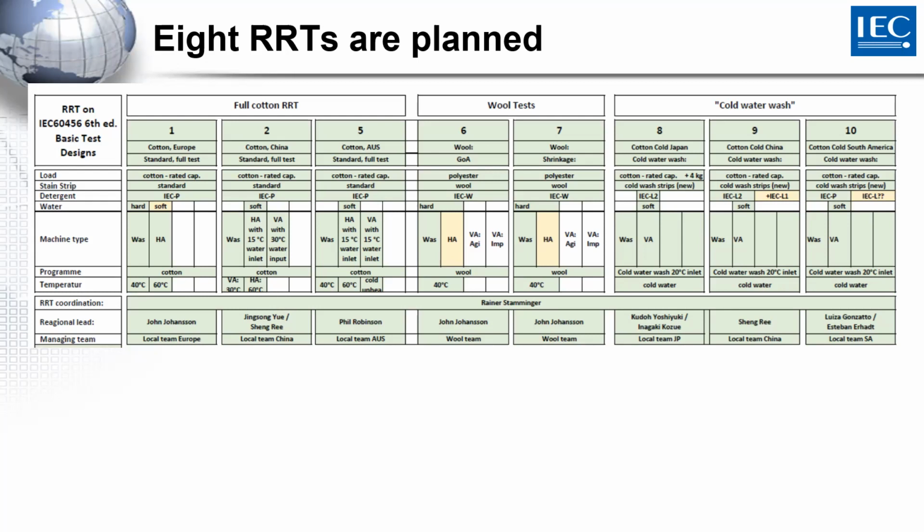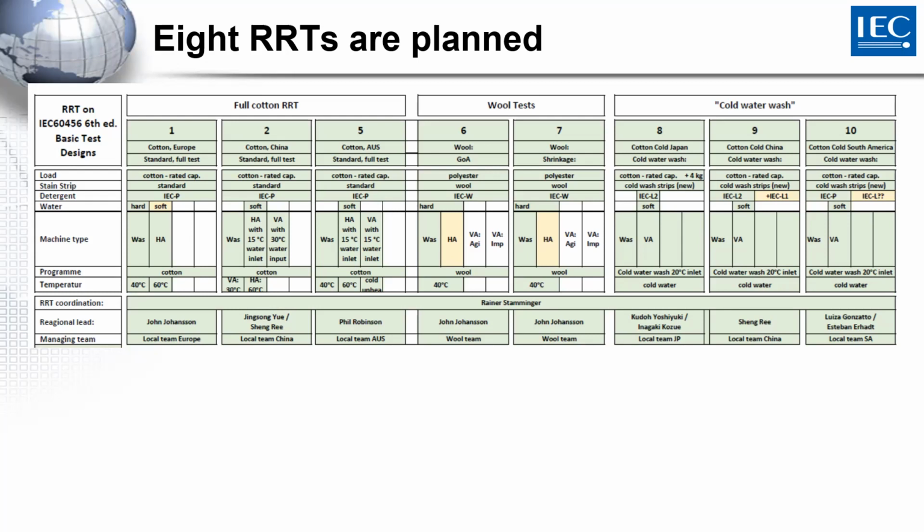We will test the cotton program in 40 and 60 degrees, or 30 and 60 degrees in China. And Australia will also make tests in cold wash. I come to that. Yeah, so these are 3 different round-robin tests.